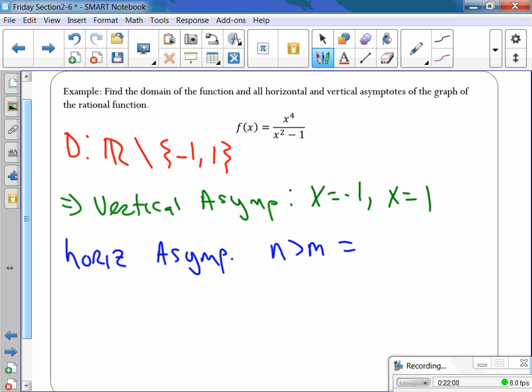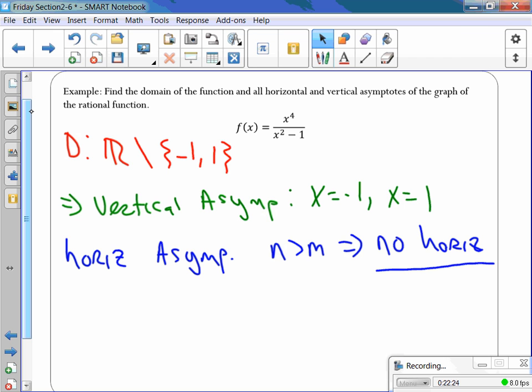I know, that's disappointing, right? But fair enough. When we have n is greater than m, there still is another case. I know, because I know you guys were disappointed in not having any horizontal. So there is one particular case where n is greater than m, and we come up with a different asymptote.